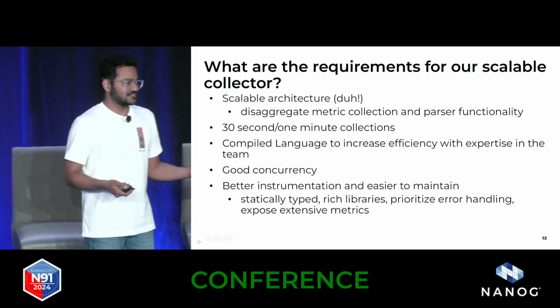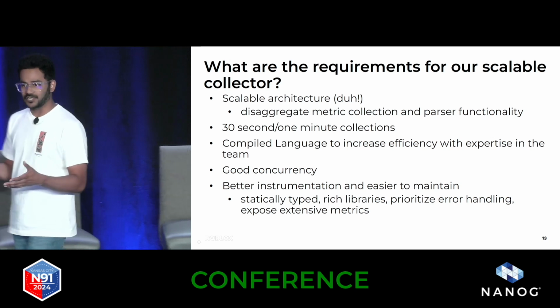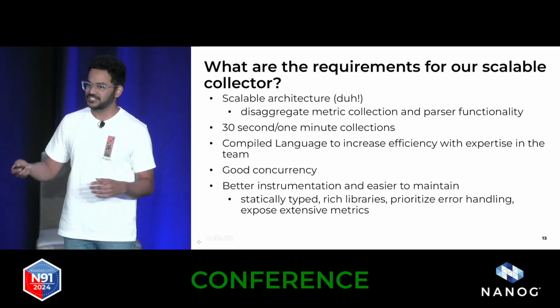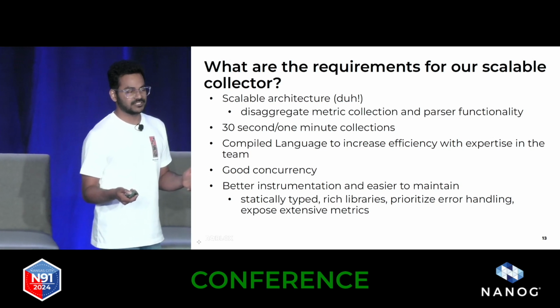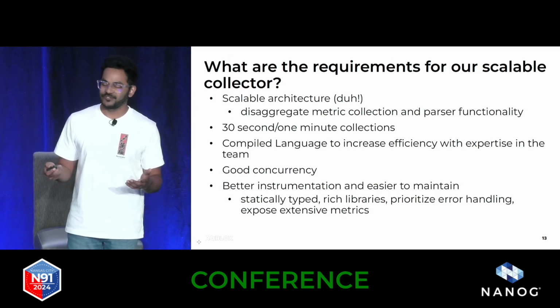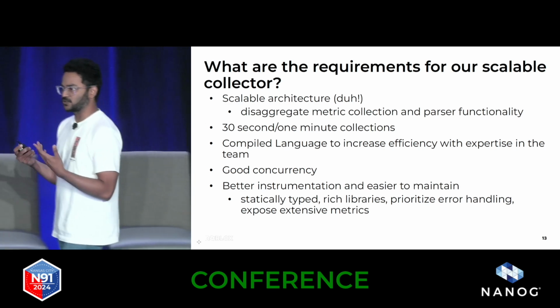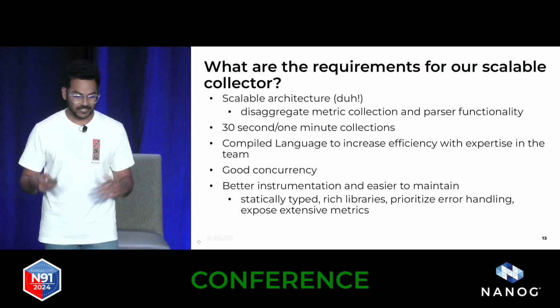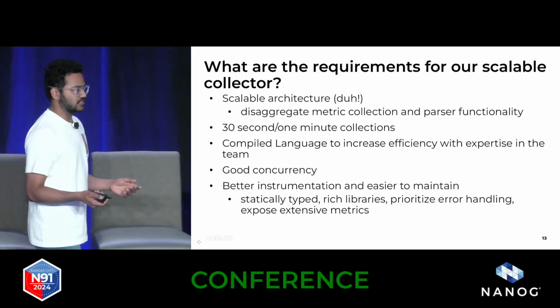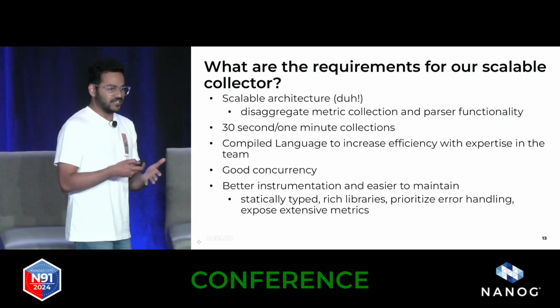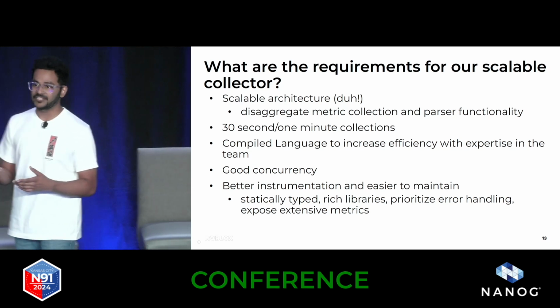Maybe if it's statically typed, we can enforce type safety so that we reduce errors during runtime. Have a lot of rich libraries. We don't want to write everything on our own. We want to focus on the core of our system, so we need libraries for that. And prioritize error handling: if there's an error, we take action on it as soon as possible.